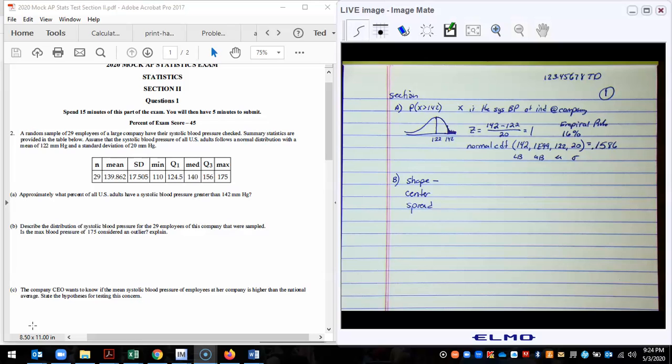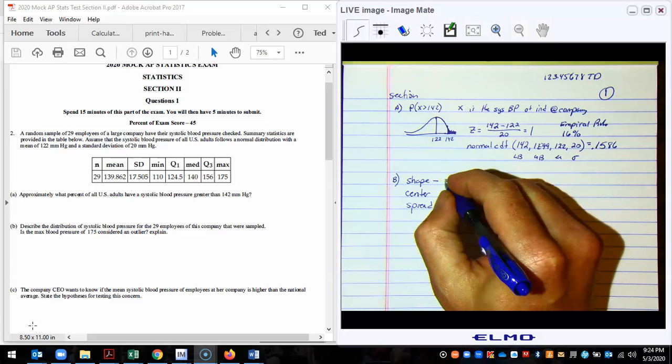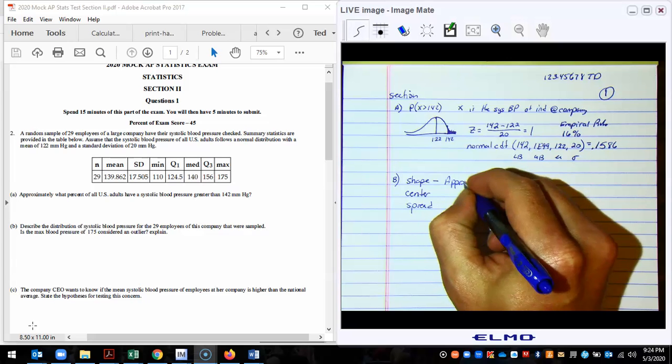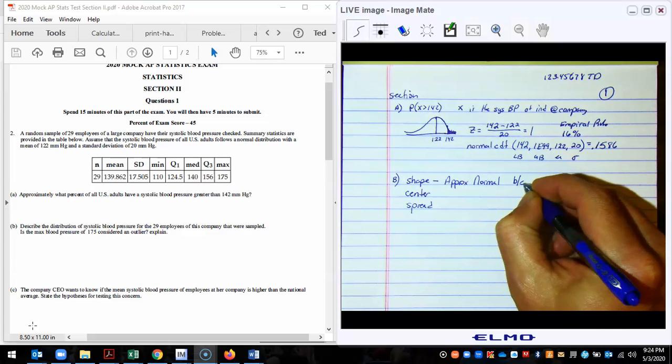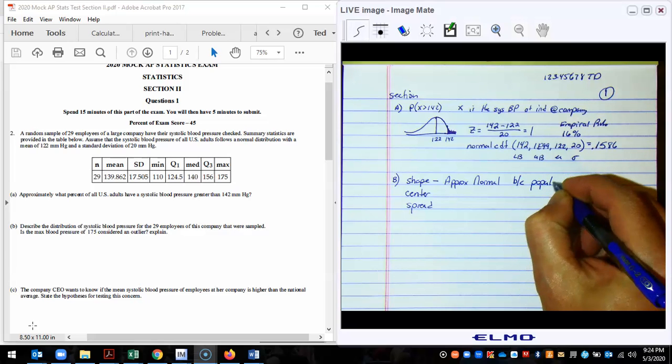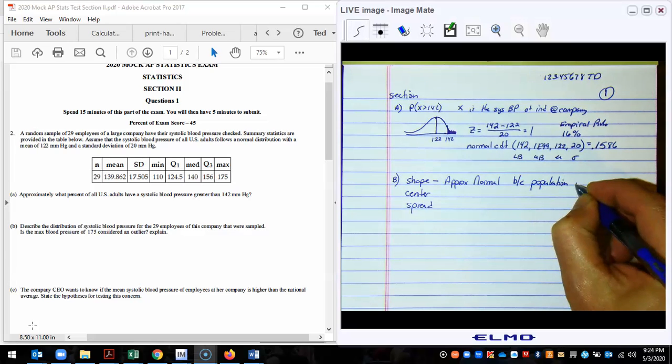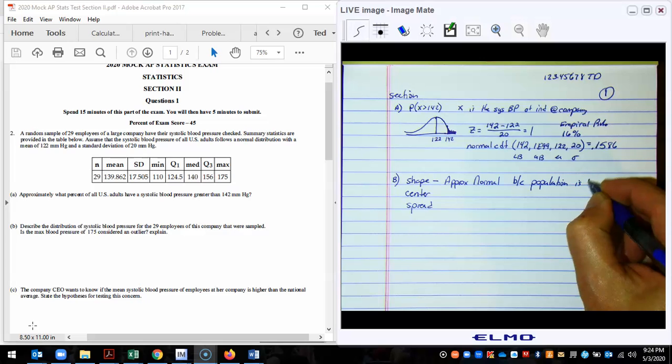We struck out there, 29. Okay, but if my population is approximately normal already, and that's what we're going to go with here, the shape is approximately normal because the population is normal.